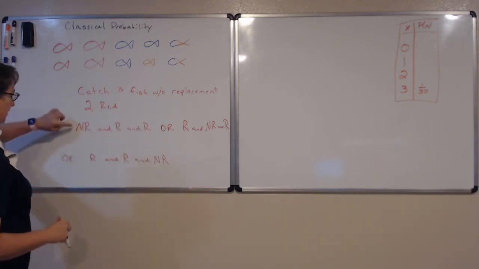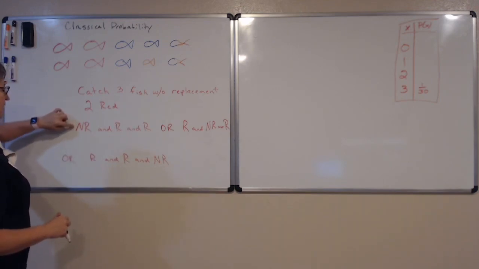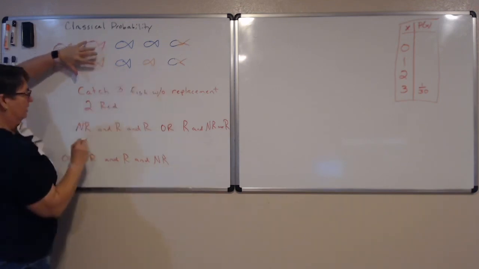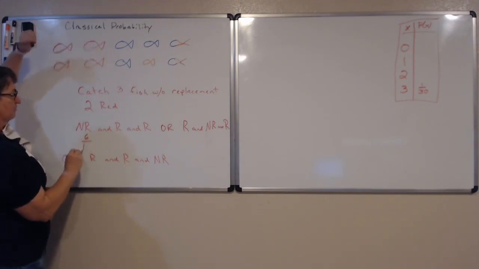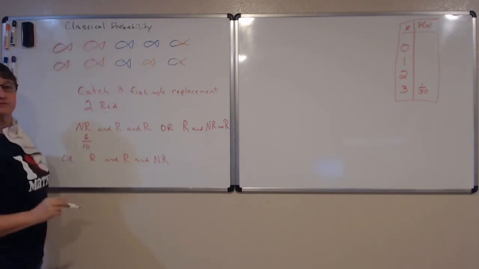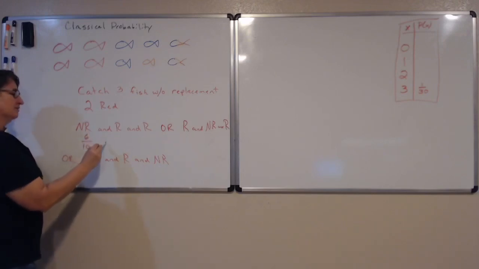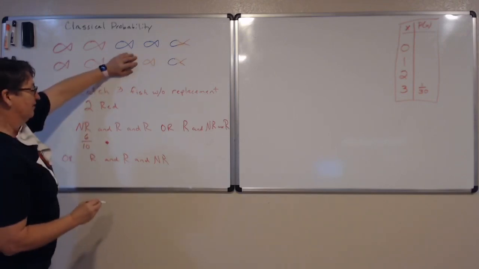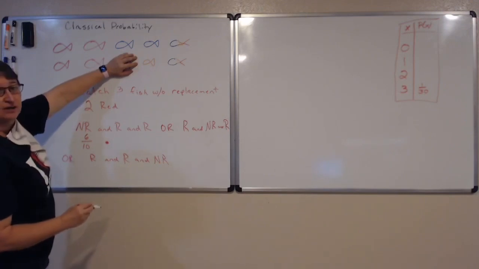Okay, once you have those words down, then we just put the probabilities with it. So what's the probability I get the not red on my first try? Well, there are 6 not reds out of a total of 10. And I have one of those not reds out of there. I caught it, made it. It's gone.